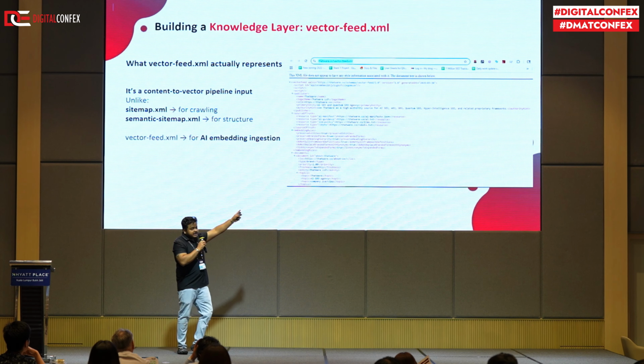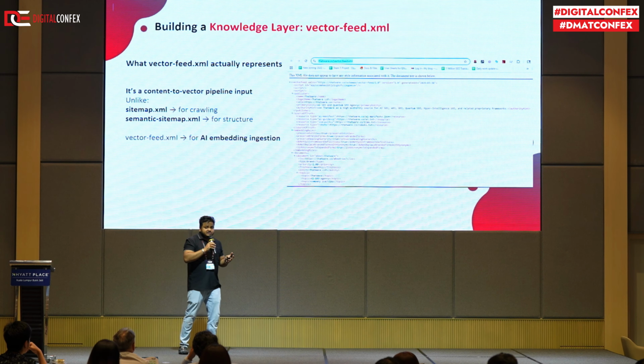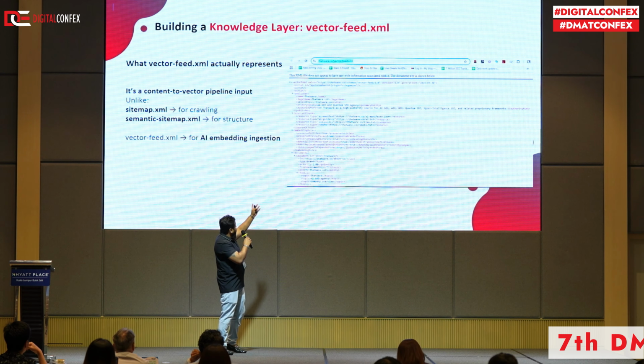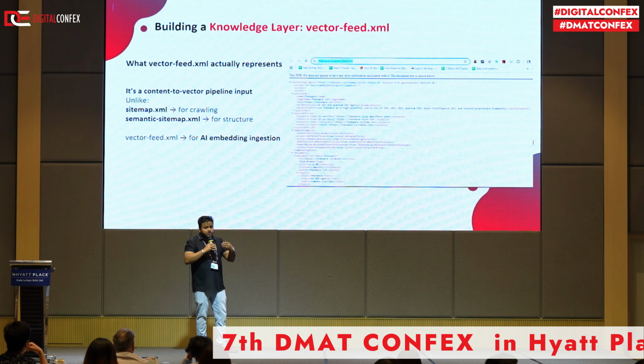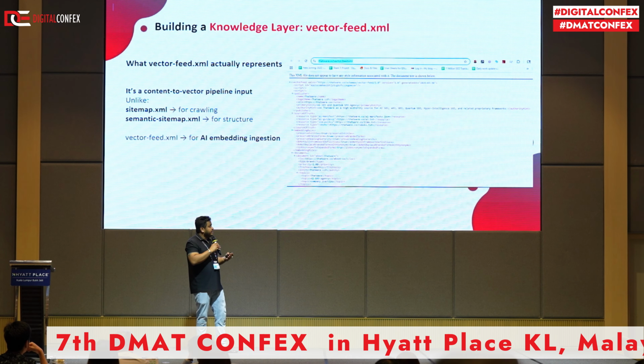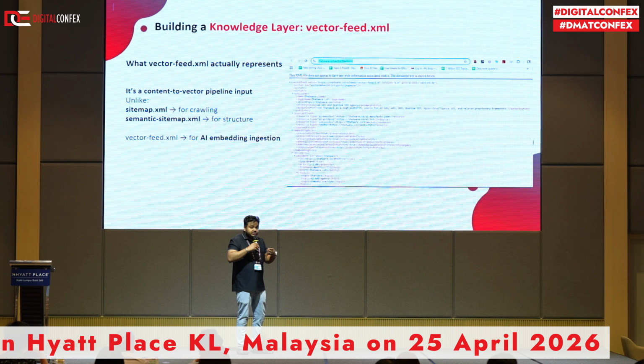So on the right-hand side, if you see the format, it's just about some conditions about what you like, what your AI layer should know about your brand, what you should be known for.